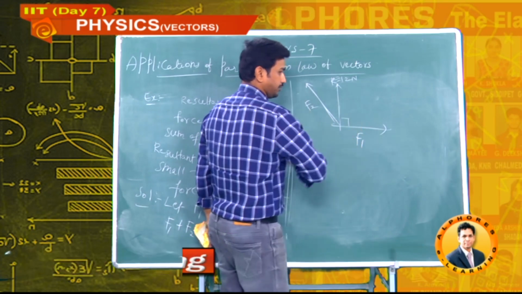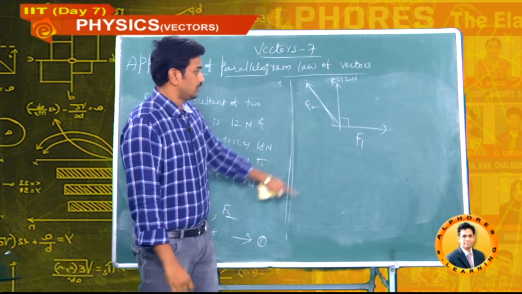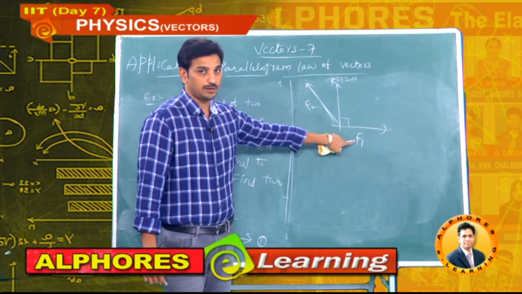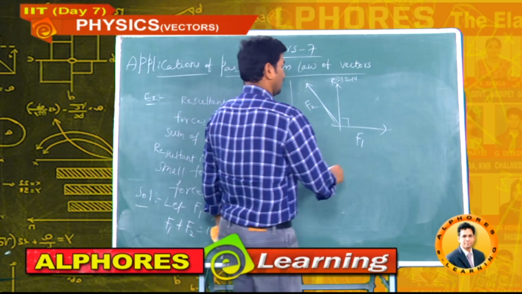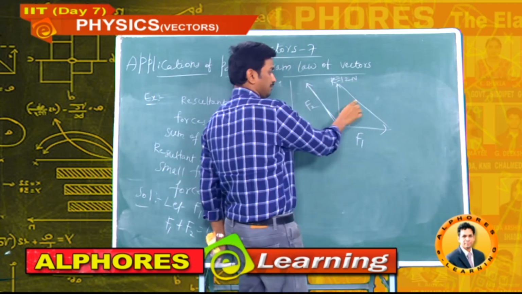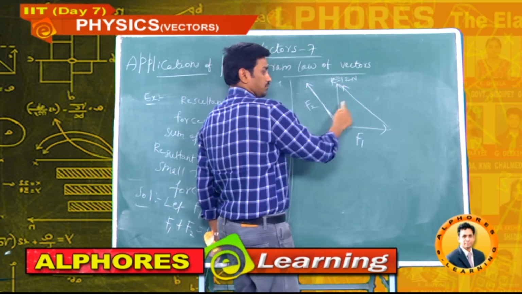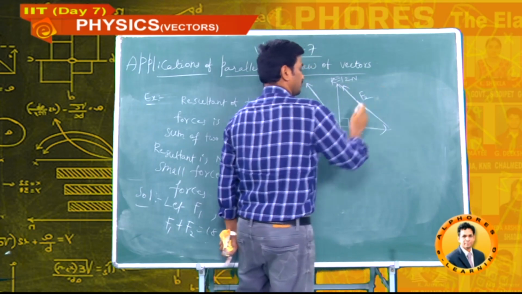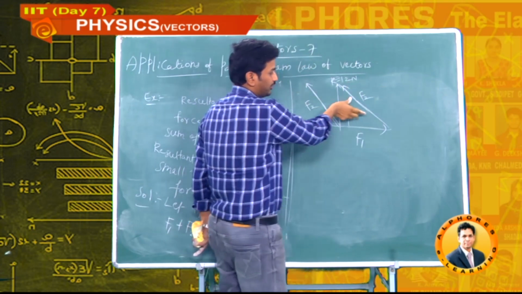Let F1 be the small one, because in the question the resultant is perpendicular to the smaller one. So let F1 be the smaller one. Now I will do one thing. F2, can I take a parallel vector? Same thing, parallel shifting. F2 is parallelly shifted to here.